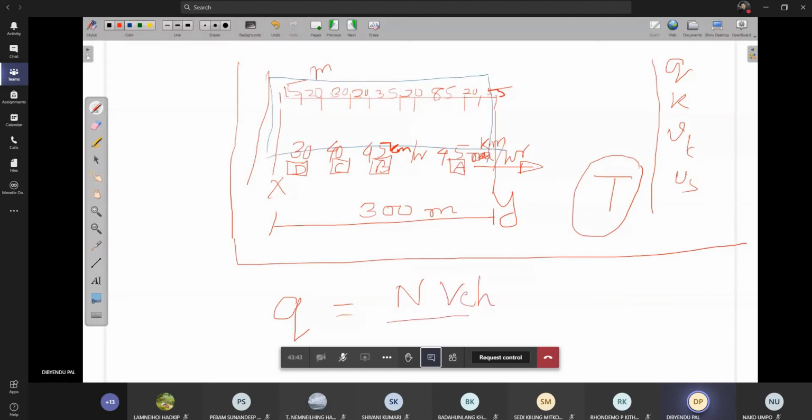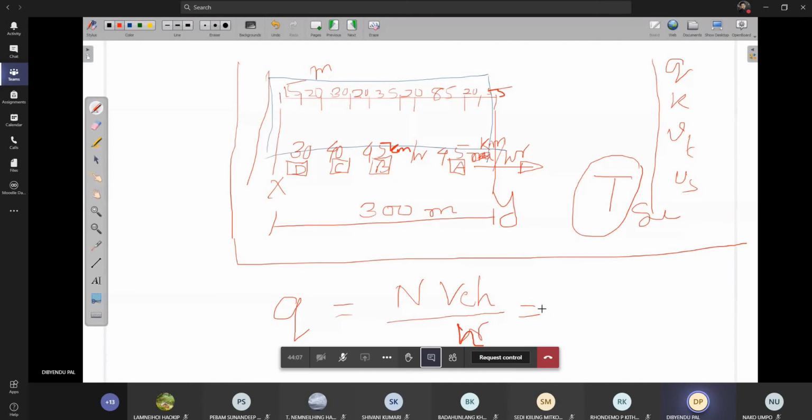The time period may be 1 hour or 3 hours or whatever, so we need to calculate the total number of vehicles over a time period. In this problem, T is given: the total observation period is T seconds.